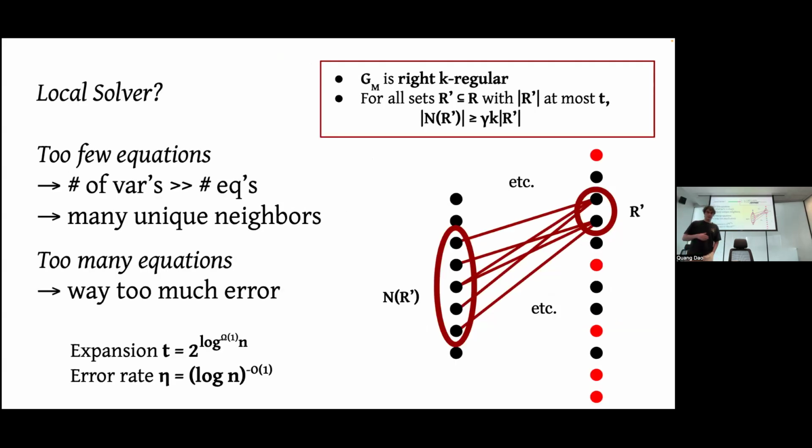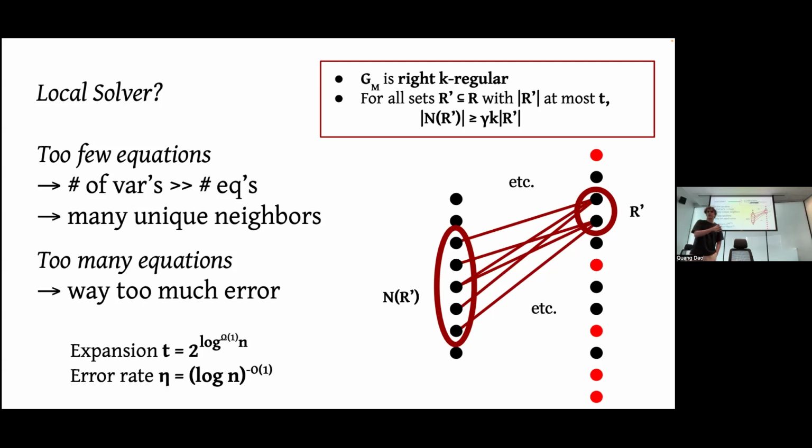All right. To get some intuition as to why the problem should be hard in this case, we can look at the challenges for a local solver. Let's say that we try to distinguish by just looking at a small number of samples. This would be a small number of right nodes or a small number of equations. But in this case, because we have such strong expansion, those equations will cover many more variables than equations.